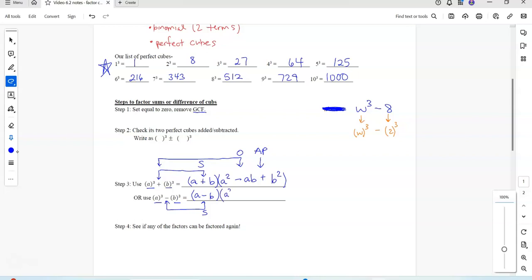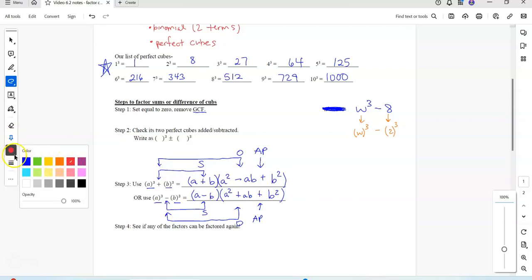Then we're going to have A squared plus AB, plus because now we have the opposite sign. And then this sign right here is always positive, just like it was in the last one. And you square the B.